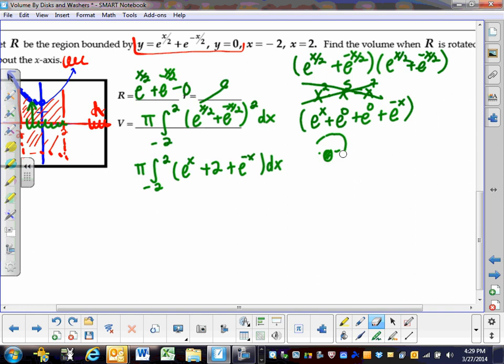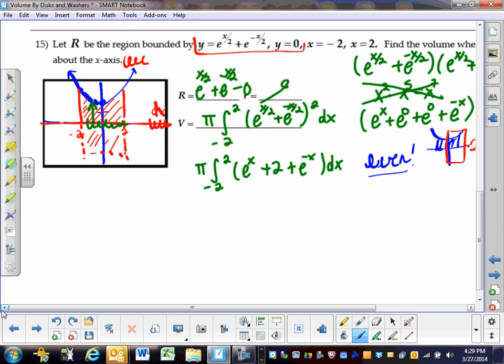Okay, so what we're going to have here, fun, cool stuff, is we have an even function. An even function is perfectly balanced on the left and the right. So what I can do is I can just do one side and double it. So that's going to make this much easier for me to substitute in. So I'm going to do the fact that this is even and double just from 0 to 2. So I'm taking just the right-hand side and doubling it.